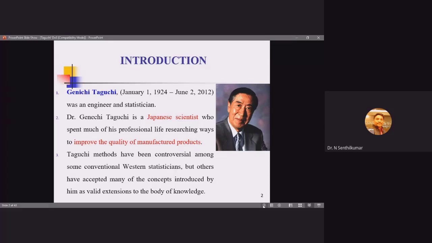But some concepts introduced by Taguchi, like the quality loss function, have been adopted in most of the manufacturing industries across the world. So even though some concepts are not accepted by Western statisticians, most of the concepts are accepted by people and adopted in manufacturing industries.